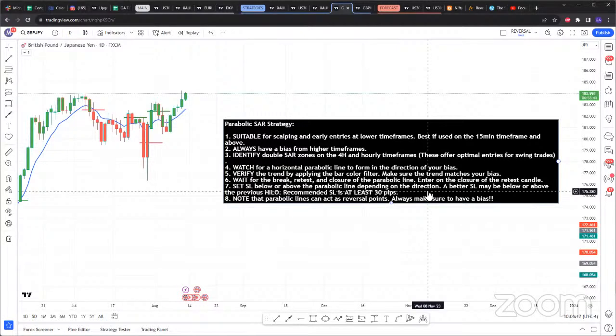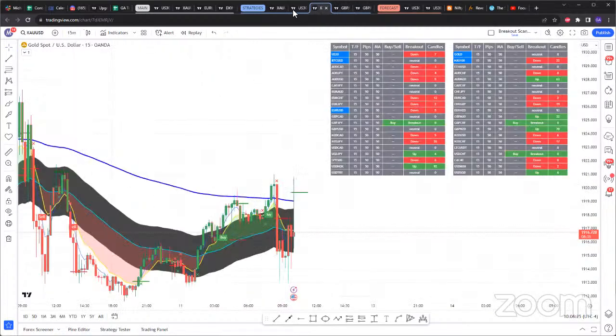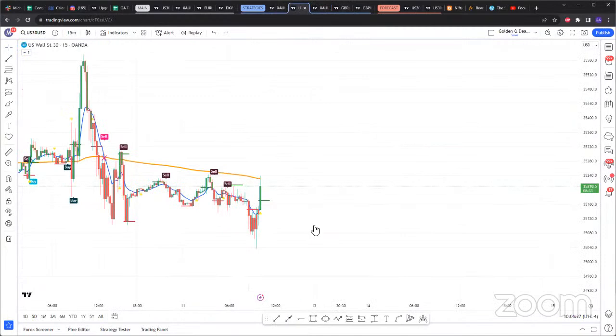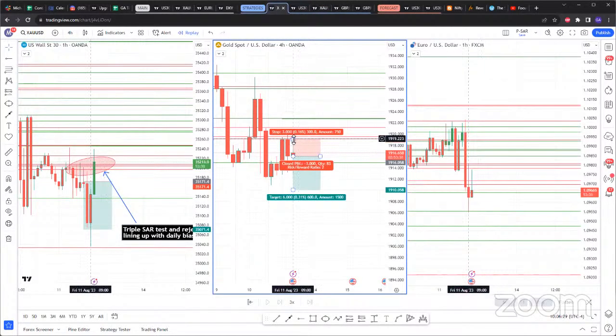If you're buying, you want your stop loss below it. The best stop loss is the previous high or low. So for example, right here, and this is on the 4-hour time frame, this is a valid sell on gold, but for you to have sold here, you would need your stop loss to be above those two SARs that you're trading or above the previous high or low.